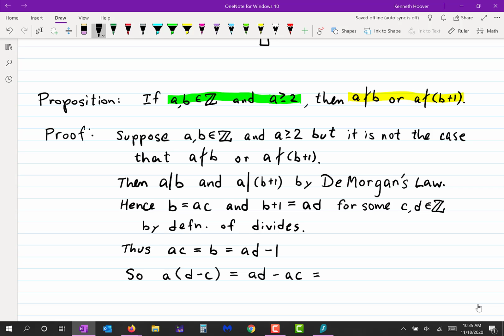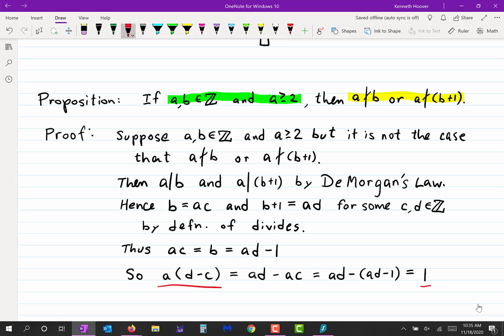AC is AD minus 1. So let's put that in. And what do we end up with at the end? We end up with 1, right? So A times D minus C equals 1.